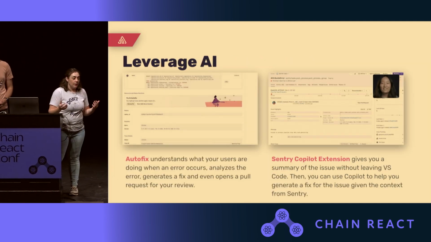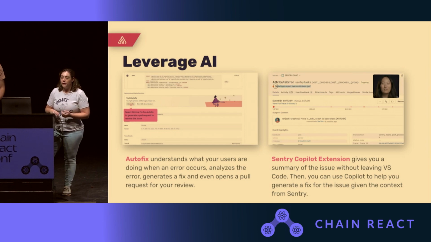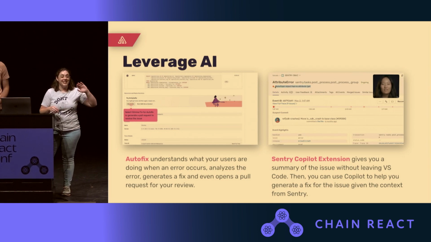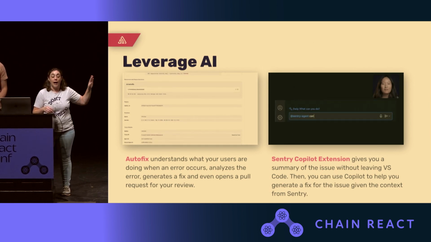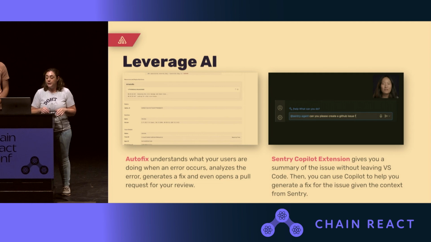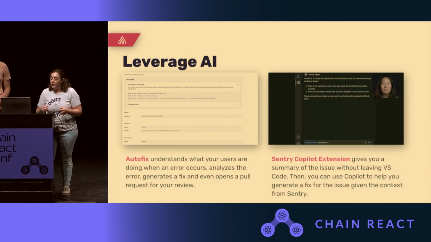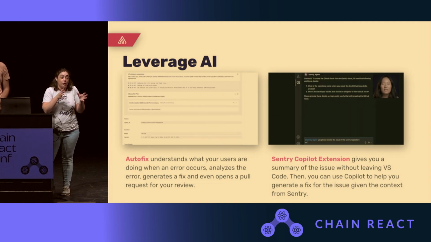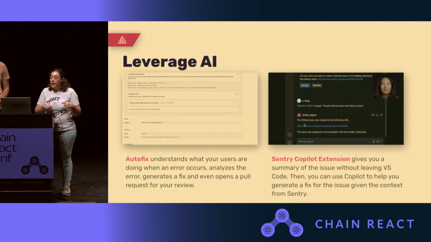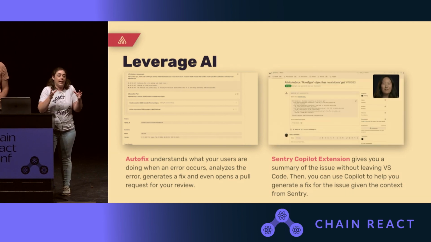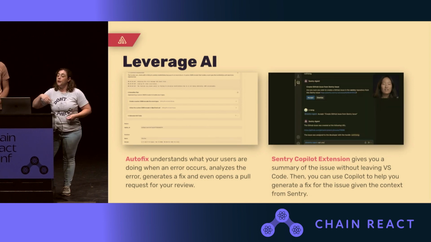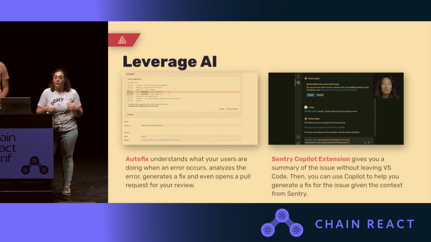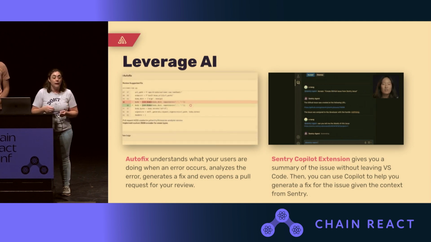And then, of course, what kind of tech company would we be if we're not trying to leverage AI in some way? I mentioned the suggested fixes, but these are two other ways that we're really focused on. One is the auto fix, which is looking at your actual pull requests within GitHub and analyzing them and saying, hey, I think this is actually going to create an issue or is related to this other issue that's already open. The other one is, a couple months ago at Microsoft Build, we announced our Sentry Copilot extension.